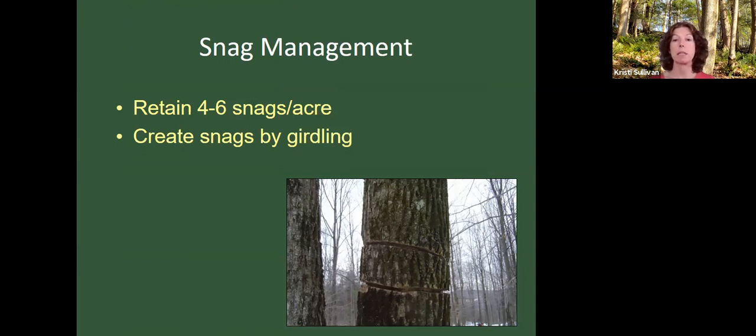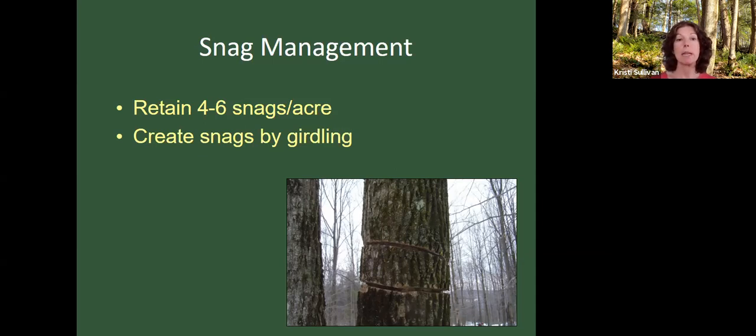So girdling is basically taking a chainsaw, or I suppose you could use an axe, and cutting through the bark into the cambium of the tree, usually two lines right above one another and the whole diameter of the tree. So that's called girdling. And over time, after a couple of years, that tree will die if you girdle it. And it's a way that you can intentionally create these habitat elements in your forest.